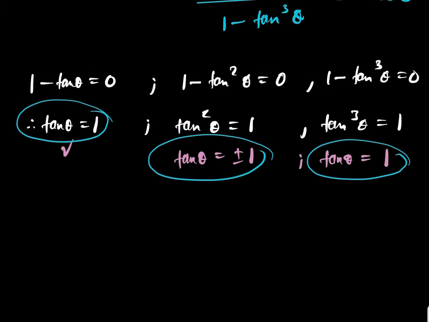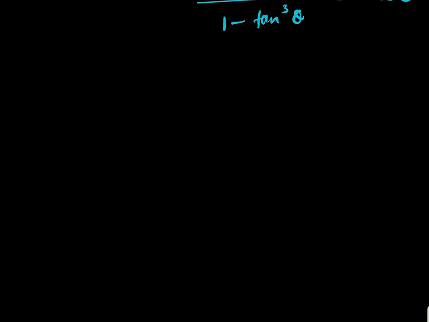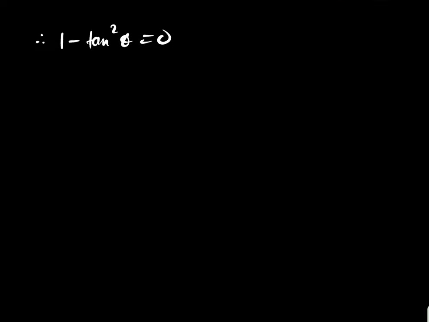That means now I'm going to take this one because that is the one that is appearing in both. That is the one that is giving both answers from the three of them. So let me delete this and say that this is going to be undefined if and only if 1 minus a tan square of theta is equal to 0. And then I must solve for theta here.